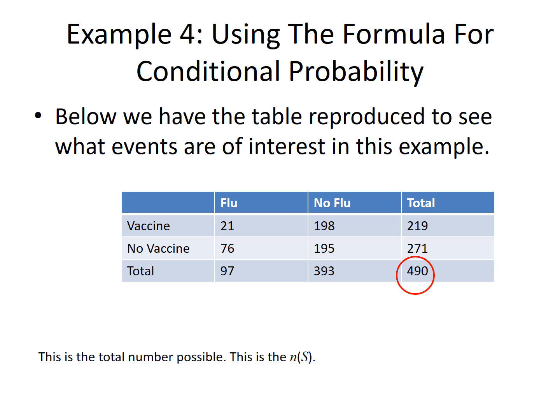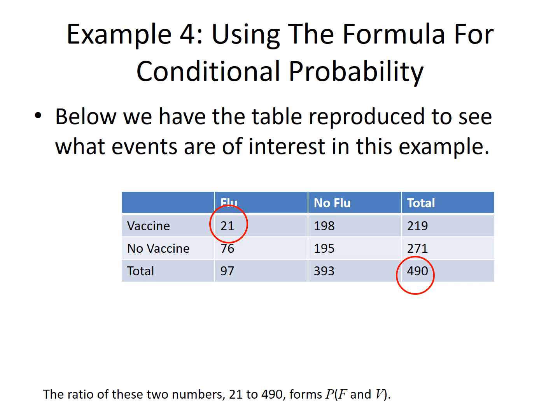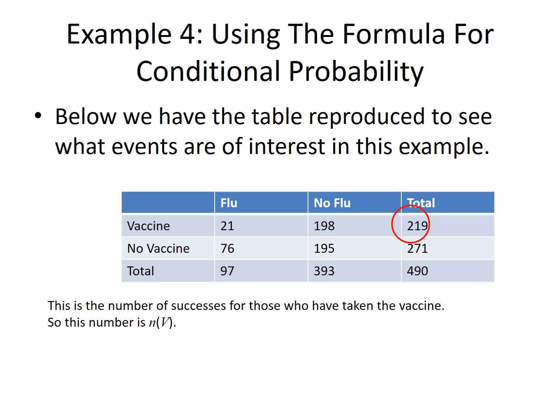This is the total number of people in our group of interest. So this is the number in the entire sample space. The ratio of these two numbers will form the probability of getting the flu and having the vaccine as compared to the entire population. So 21 divided by 490 will be that probability.